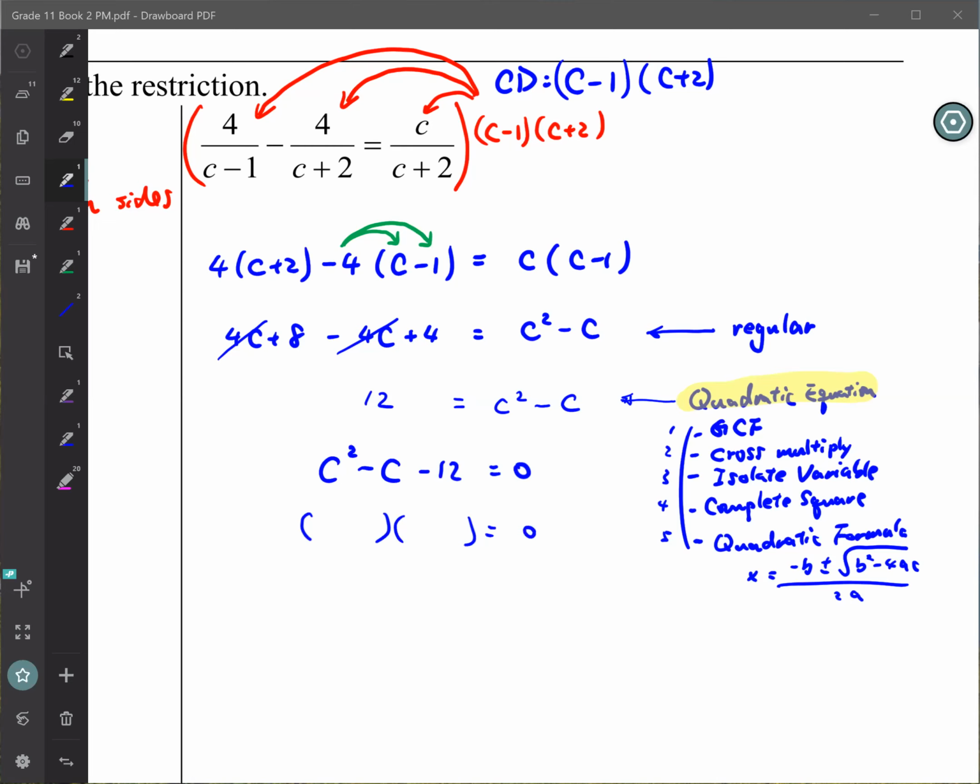Sherwin, have you found it? Okay, Selena, what are the factors? C subtract 4, C plus 3. Okay, C subtract 4, C plus 3. And Marcus, did you get the same? Yeah. Okay, do you know what to do after we factor?